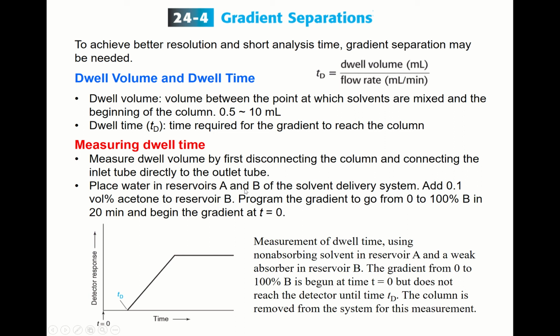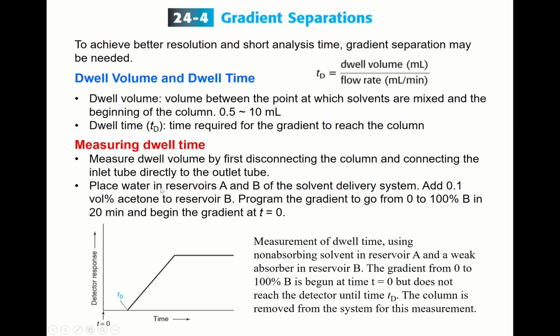Since the column is removed, when you inject the solvent, you observe the detector response and then measure the time. That's the dwell time. Here, place water in reservoirs A and B of the solvent delivery system, and add 0.1% volume acetone to reservoir B.